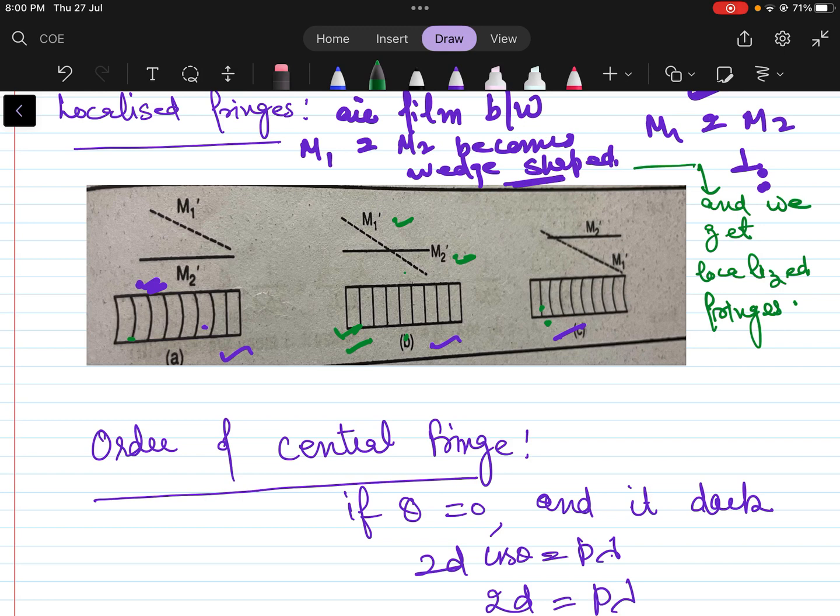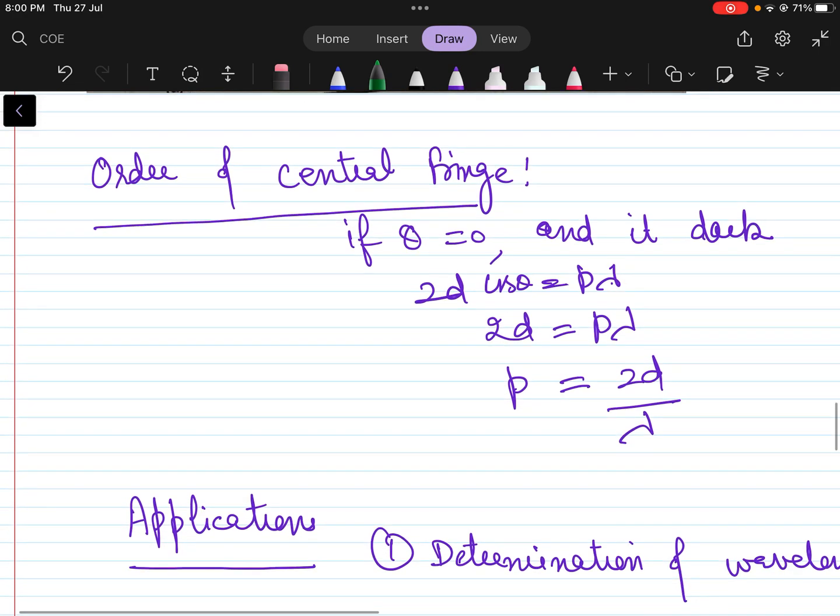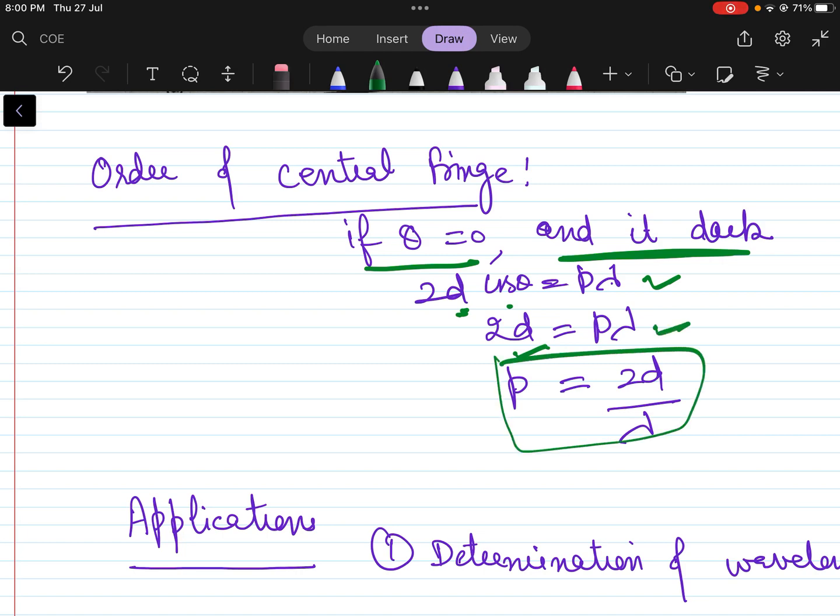In other positions, the shape of the fringes is curved, and they are always convex towards the thin edge of the wedge. Clear? So these types of fringes are not observed for large path difference. Then for the order of the central fringe, if theta is equal to 0, the fringe is dark, as we have discussed previously. So 2d cos theta is equal to p lambda, 2d is equal to p lambda, p is equal to 2d by lambda. So we can find out p and lambda in this way. Clear?